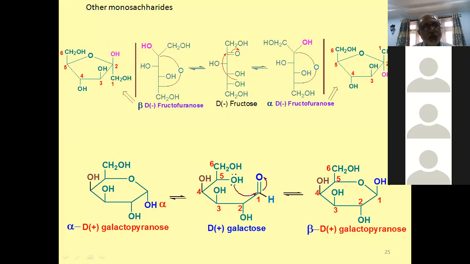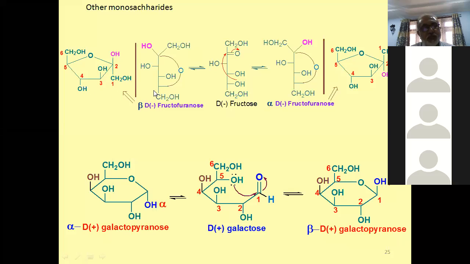Here it is carbon number 2. So carbon number 1 is CH2OH. This is on the right-hand side, so it goes down. This is your C2, so the OH group will be up. Then comes carbon number 3. This OH group is up. Then carbon number 4, the OH group is down.